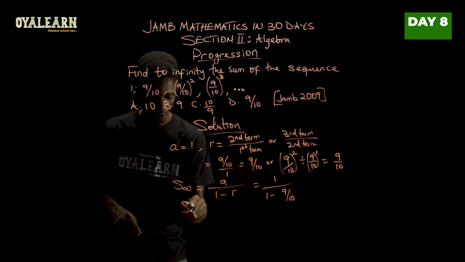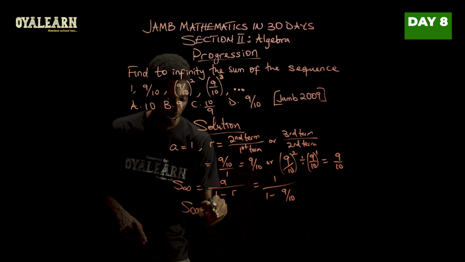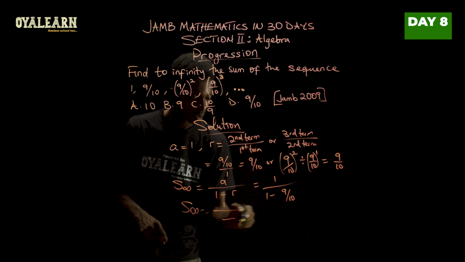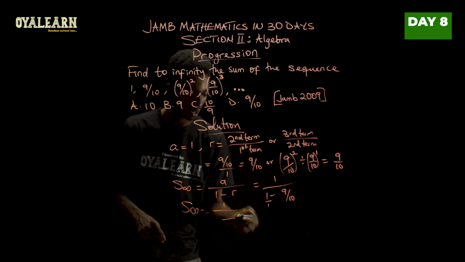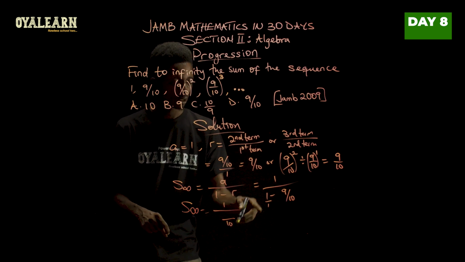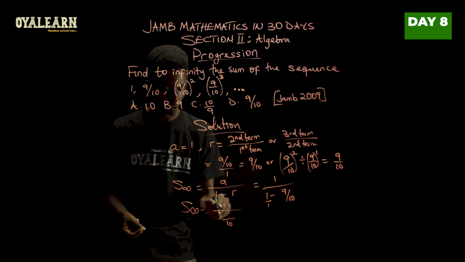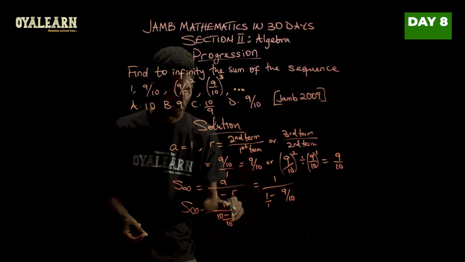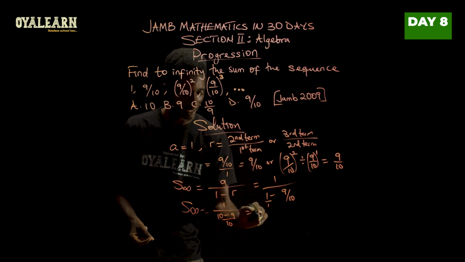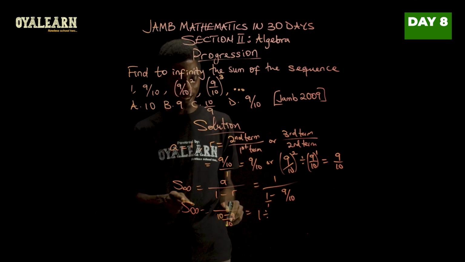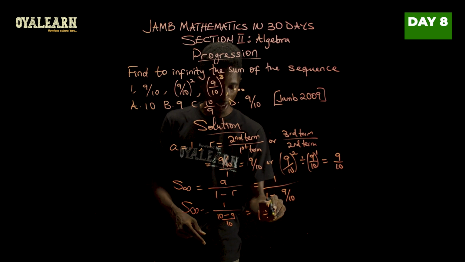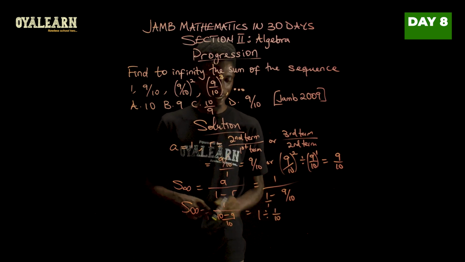So, we have our sum to infinity now being 1 over, and for the denominator, this can be written as 1 over 1. So, LCM is 10. 1 in 10 is 10, 10 times 1 would have 10 minus 9. So, this is basically having 1 divided by, now this will give us 1 over 10.